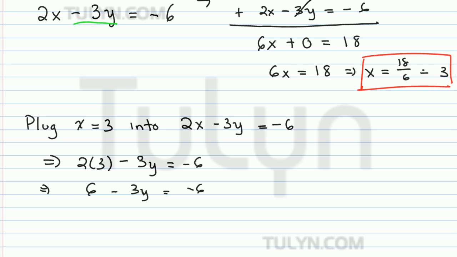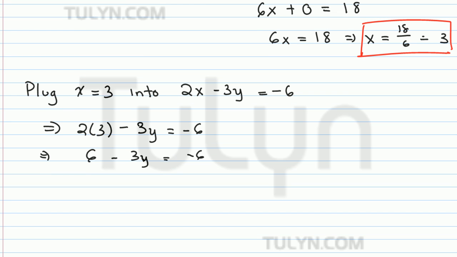Now subtracting 6 from both sides of the equation, we get that minus 3y is equal to minus 12, which means that y is equal to minus 12 over minus 3, which is also known as 4.